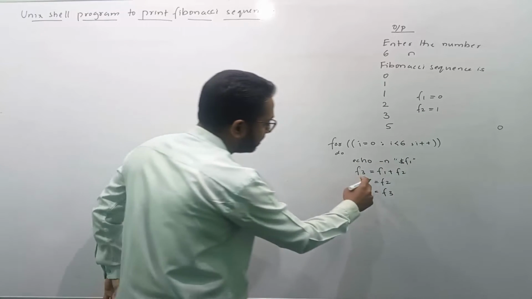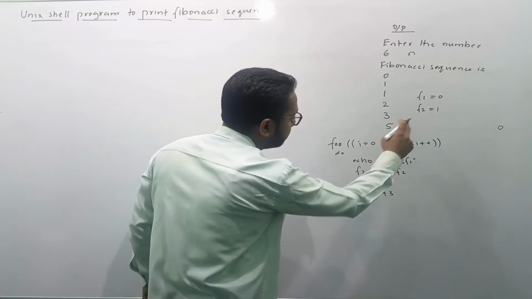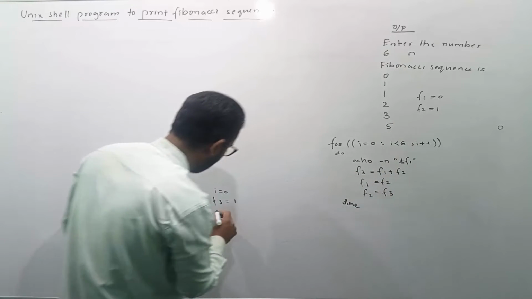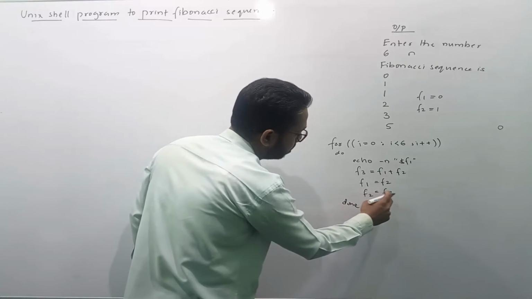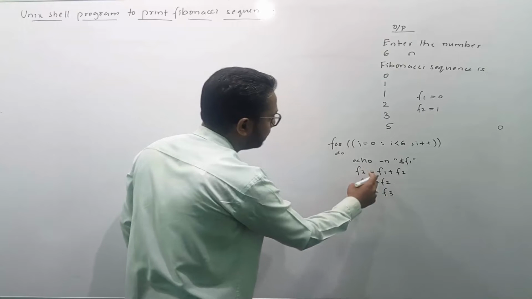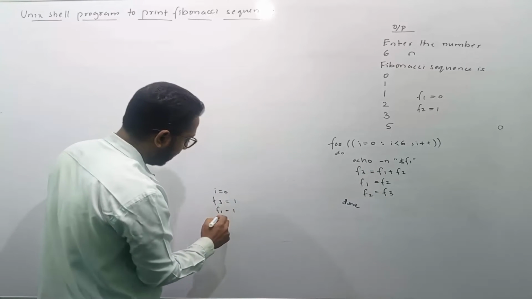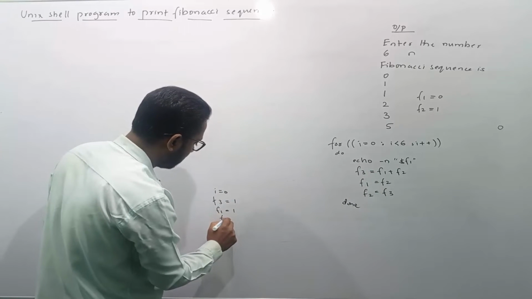Next f2 is 1, that gets passed to f1. Now f1 becomes 1, and f2 equals f3. f3 is 1 and f3 gets passed to f2.